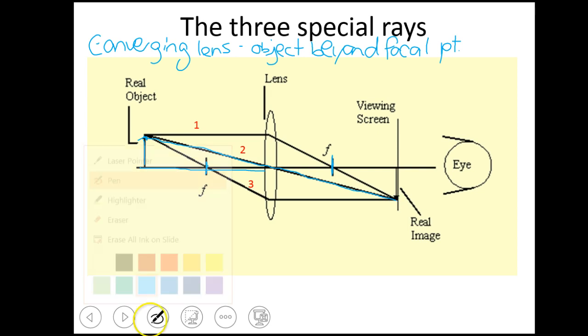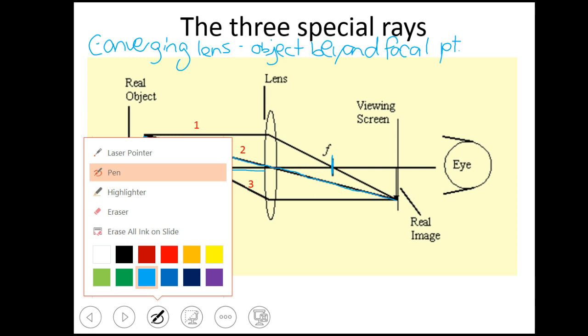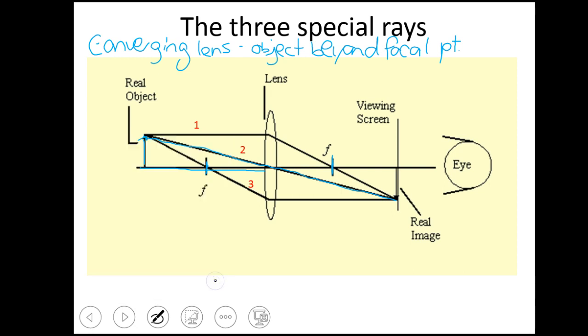And you saw this the other day in lab, that if you shine a laser right through the middle, that's the only point that it goes completely straight through at. And so that's always the easiest one to draw. My second favorite is the special ray number 1.